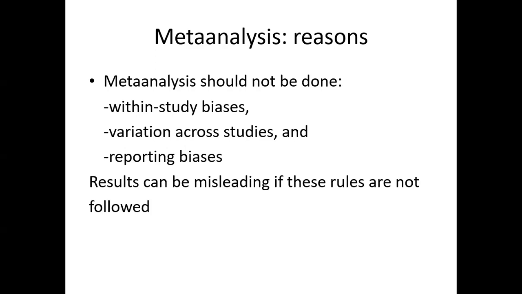If those primary studies have biases, even the conclusion of the meta-analysis will have biases. Second, variation across studies. You may have a lot of variation across studies, like a high level of heterogeneity. If there's a high level of heterogeneity, don't do meta-analysis. Don't combine those studies.